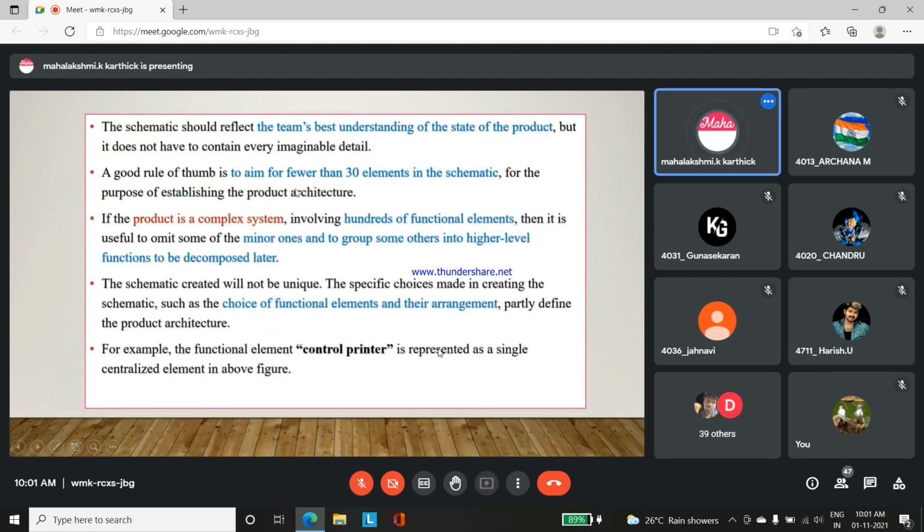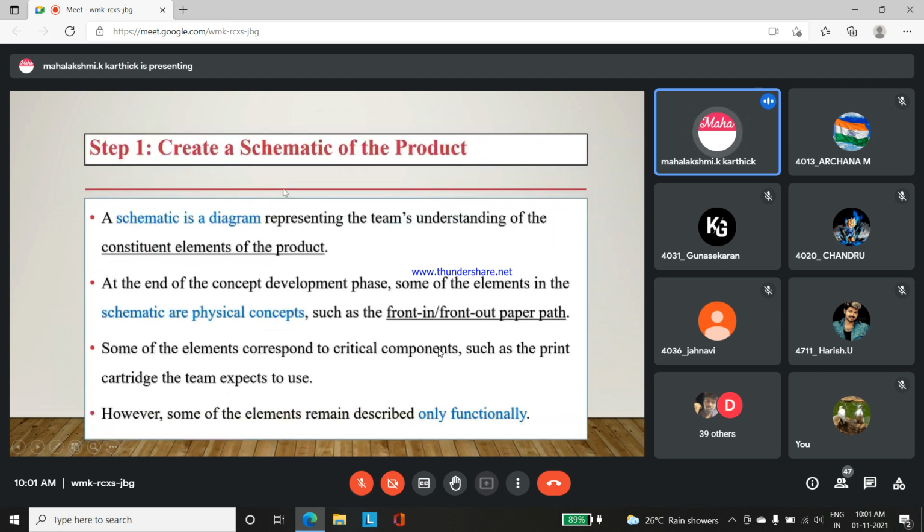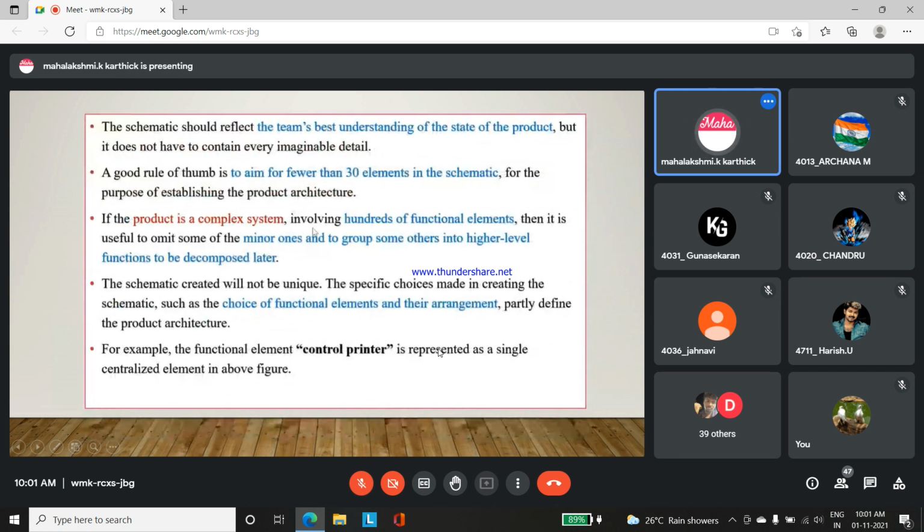The aim when you are starting with the step 1 process is to represent at most 30 elements in the schematic, 30 or less than 30, for the purpose of establishing the product architecture.